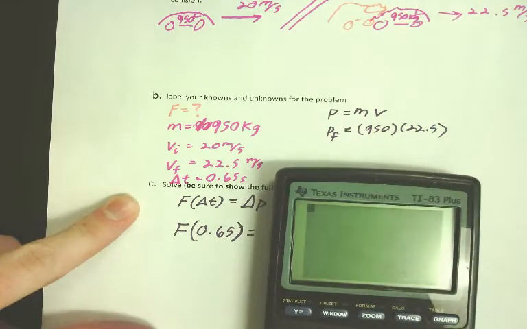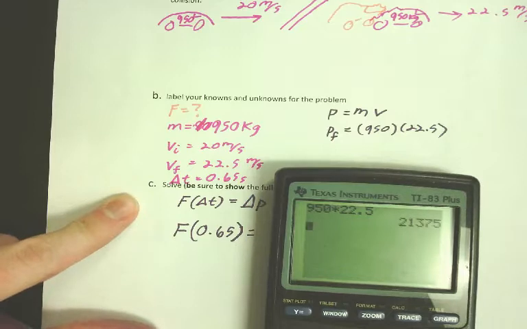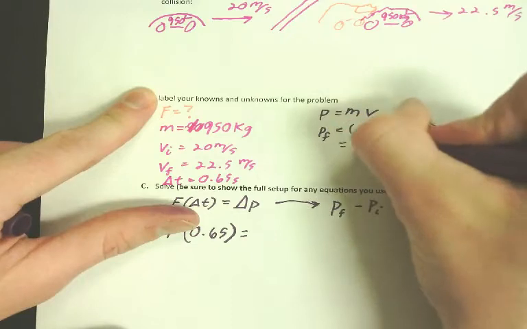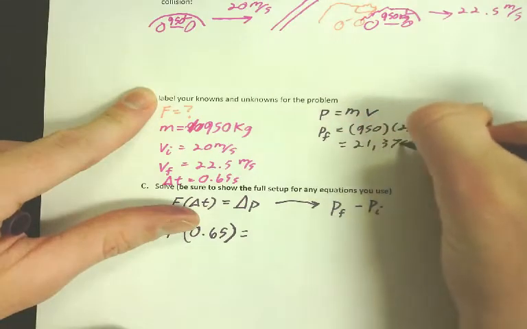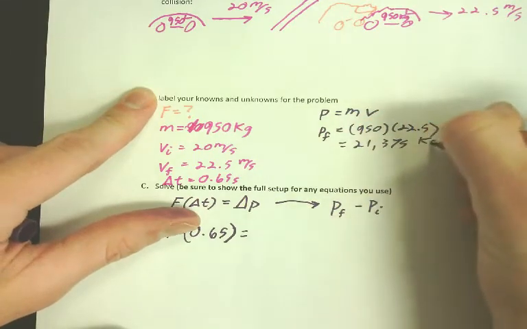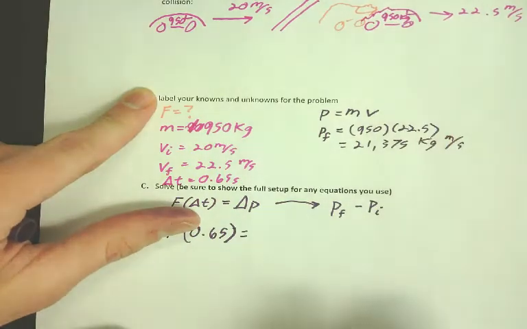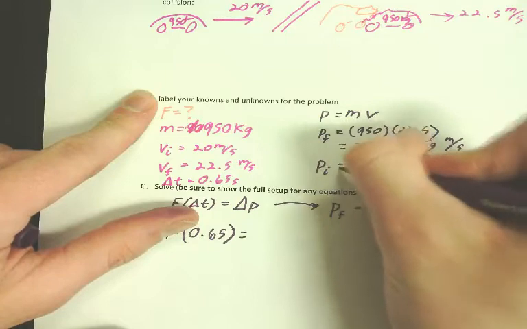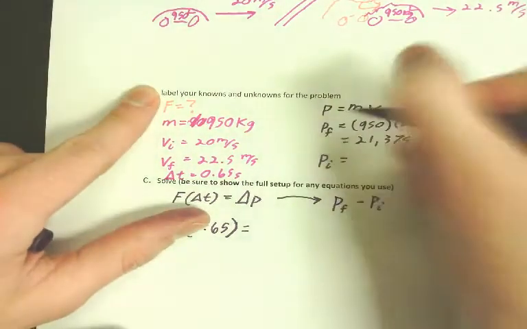So 950 times 22.5 gives me a momentum of 21,375. Okay? My initial momentum is then going to be my mass times my initial velocity.